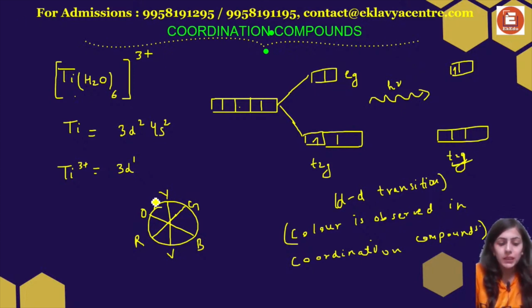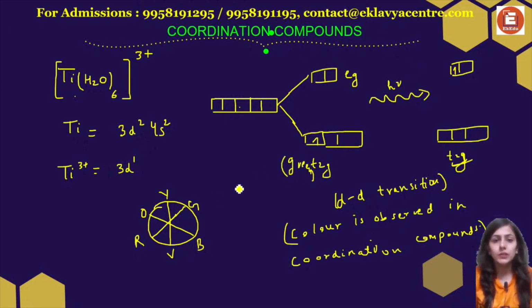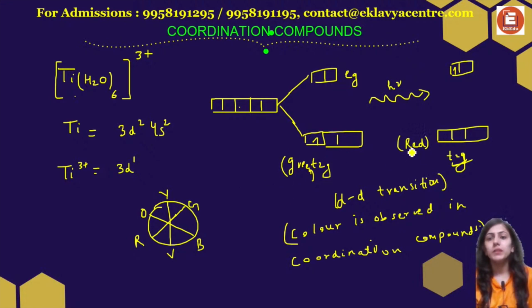Suppose the color which is being absorbed is green. Now after absorption of energy, it gives the complementary color. Can you see the complementary color to green is red? So this is how it happens.